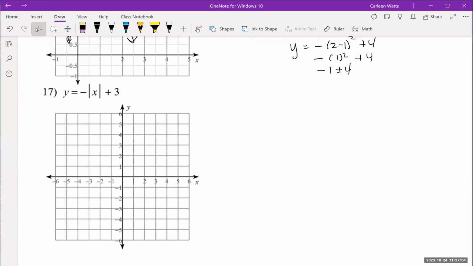Okay, parent. What is this going to look like? Absolute value makes a V, but this one is going to be an upside down V. Vertex.